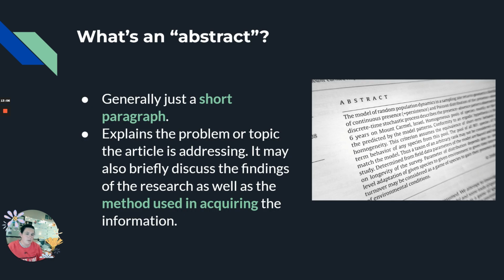Okay. The abstract, all of you should know this because this is in your APA notes. It's just a short paragraph. Okay. It explains the problem or the topic or whatever that the article is addressing. In your case, it's explaining, summarizing what your paper is about. It's also used to explain the method that you use to acquire that information sometimes.